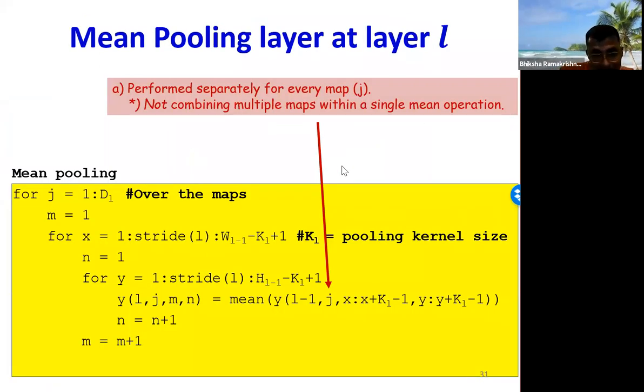In pseudocode terms, it's much easier to see this. Here is the mean pooling. Again, it's done individually over the maps. All pooling is done locally within a map. At each position, you're scanning through the input at some stride, reading a little block, a window of the input, computing the mean, and copying it to the output.